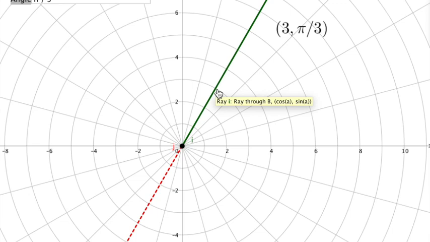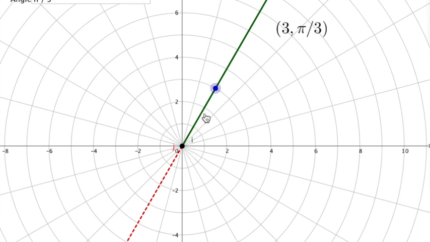Now be careful, in some computer programs they'll do 0.5, 1, 1.5, 2. So be careful of the scaling factor of these circles. But this one is 1 by 1, so we just have to go here. And this is where the point would be plotted. So that would be there.